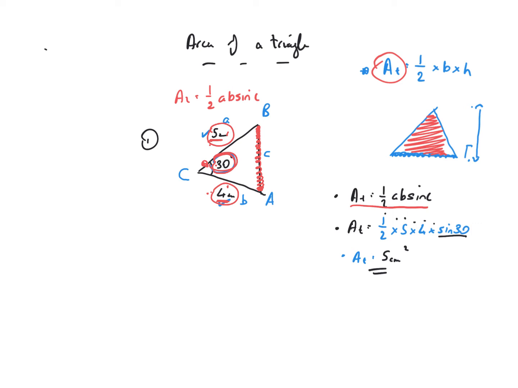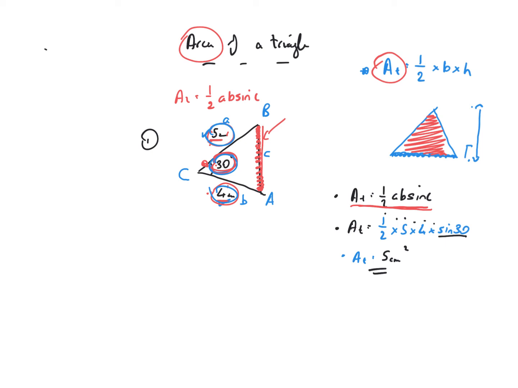So that could be cosine rule for a side, or it could be area of a triangle half AB sine C. It's cosine rule for a side if I'm looking for the length of this side here. However, if the question is asking me to find the area, then it's half AB sine C.